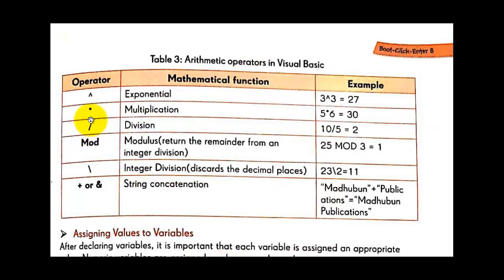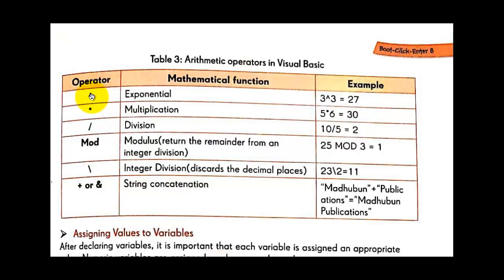This star symbol is known as asterisk in computers, A-S-T-E-R-I-S-K. This symbol asterisk is used for multiplication, that is 5 asterisk 6, that is 5 into 6, 5 6s are 30. The answer is 30.